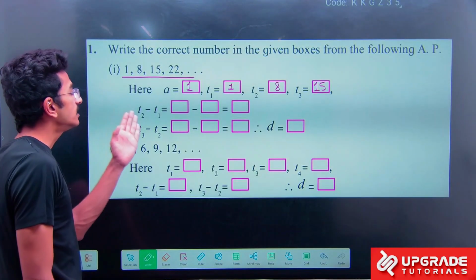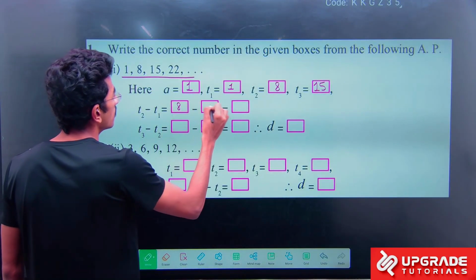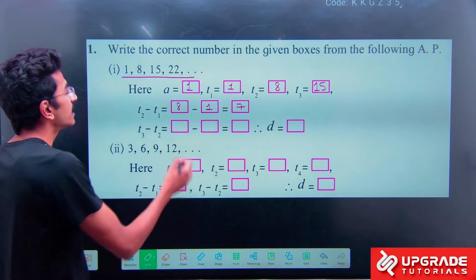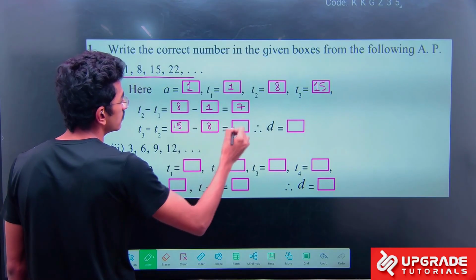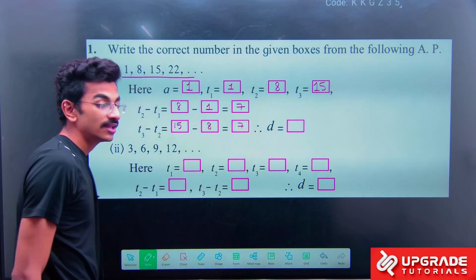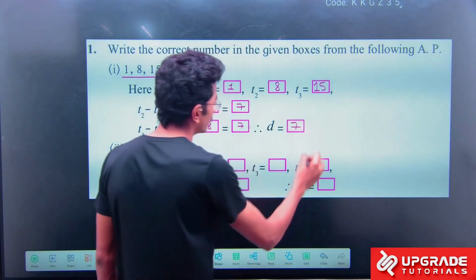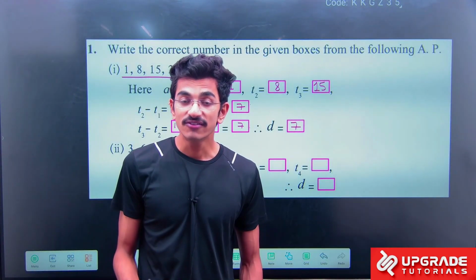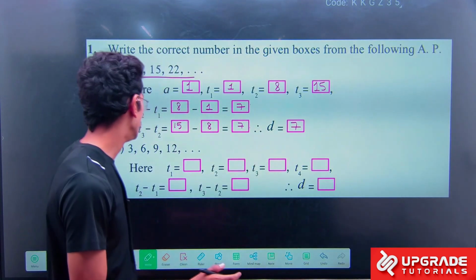T2 minus T1, second term minus first one, that is 8 minus 1, which is 7. T3 minus T2, 15 minus 8, which is also equal to 7. Therefore, what is the common difference? Common difference is 7. Very easy. As we said yesterday, common difference is nothing but the difference between two consecutive terms in an AP.